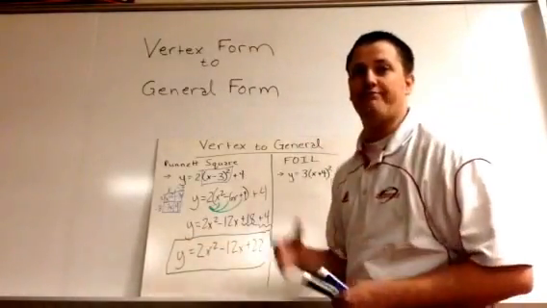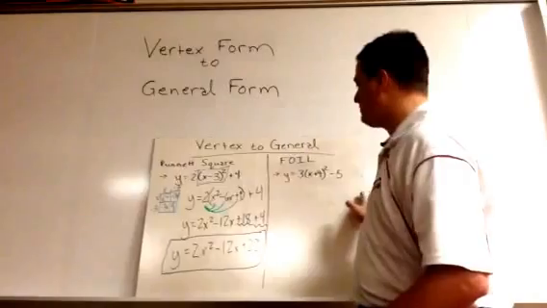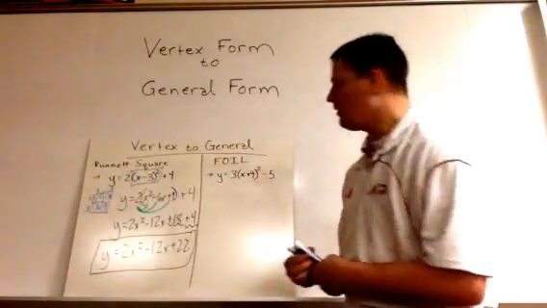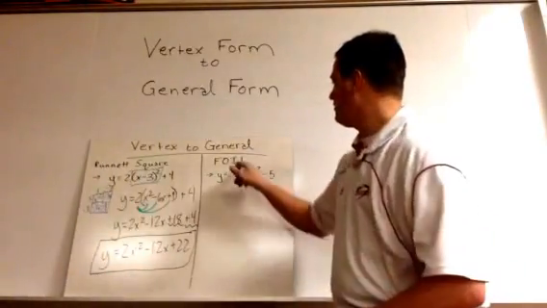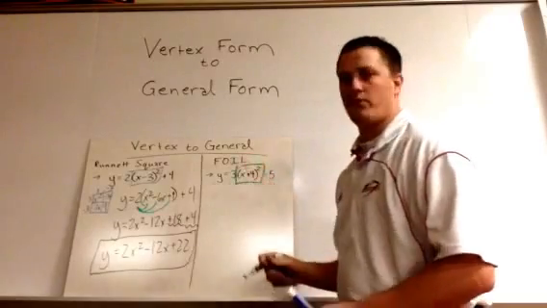I'm now going to use the FOIL method to do the other problem. So here, what we have to do is again start with our square.